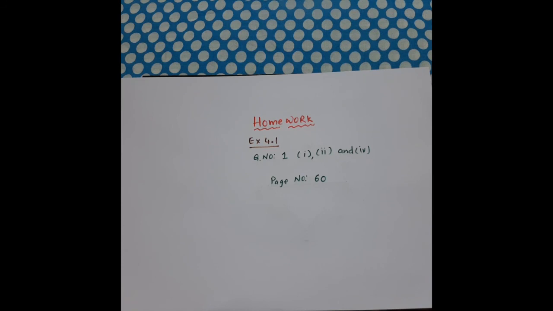Or 4 sides and 1 diagonal are given. Or when 2 adjacent sides and 3 angles are given, or when 3 sides and 2 included angles are given. So whenever you want to construct a quadrilateral, these 4 main conditions are required. These measurements are required to construct a quadrilateral.